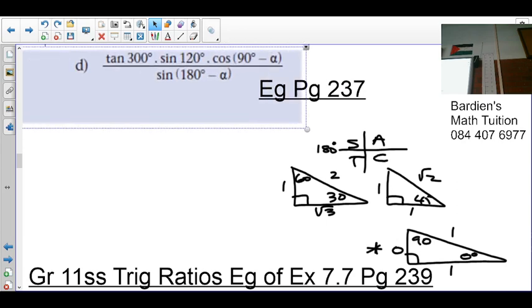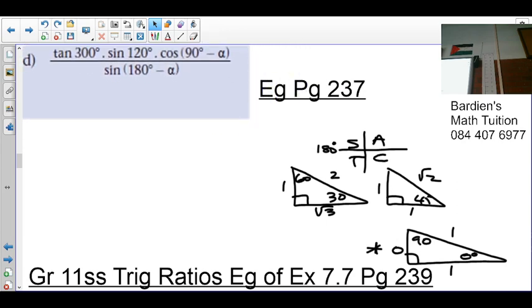D. Right? Tan of 300 times sine of 120 times cos of 90 minus alpha over sine 180 minus alpha. Right, where do we start here? Which quadrant is 300 in? Fourth quadrant. So it will be tan 360 minus 60 times.